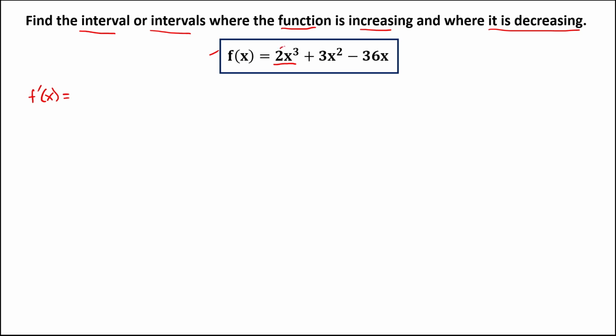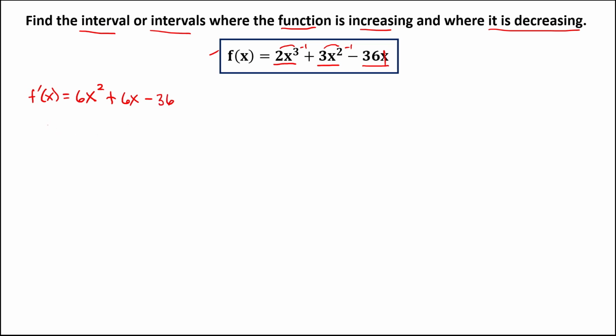Multiply 2 times 3, this is 6, then x to the power 3 minus 1, so the exponent is 2, plus the derivative of 3x to the power 2. So 3 times 2, that's 6, then x with exponent 2 minus 1, so to the power 1, then minus the derivative of 36x, so just drop this x, so this is equal to 36.